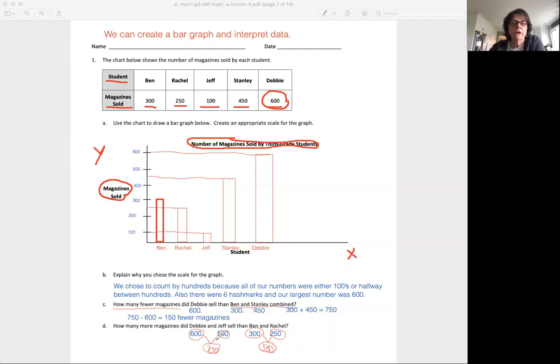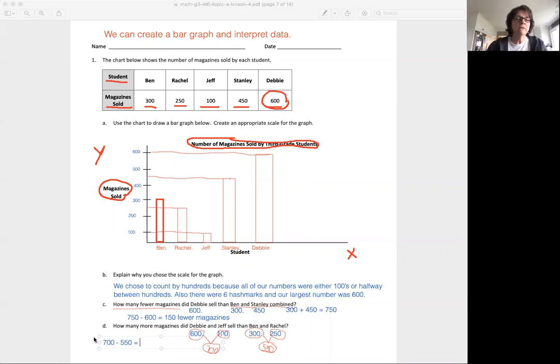Well, 700 represents what Debbie and Jeff sold. 550 represents what Ben and Rachel sold. So I can write a number sentence to find out how many more Debbie and Jeff sold than Ben and Rachel. And I can take 700, which represents Debbie and Jeff, and I can subtract 550, which represents Ben and Rachel.